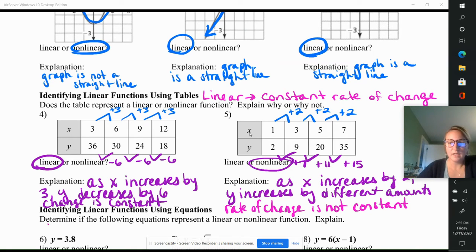Okay, so it's linear if the rate of change is constant.